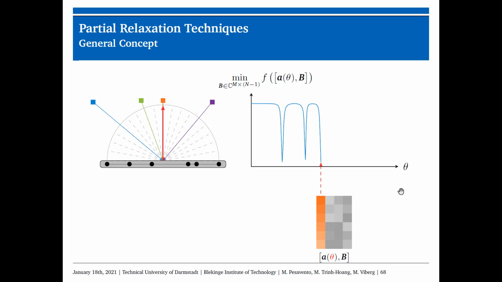We can explain this phenomenon by noting that if the candidate steering vector coincides with one of the true steering vectors, as we have it here for example, then with the B matrix modeling all the remaining n-1 sources, we can achieve a perfect match at a high SNR or high number of snapshots.